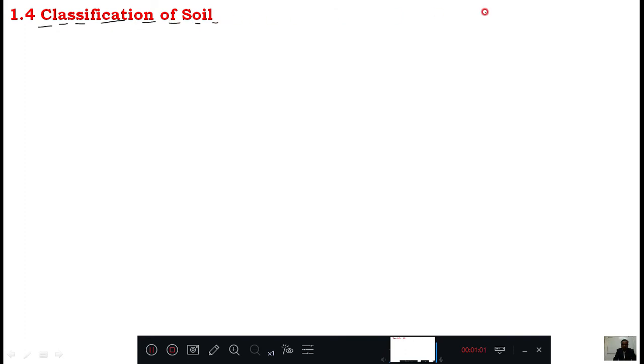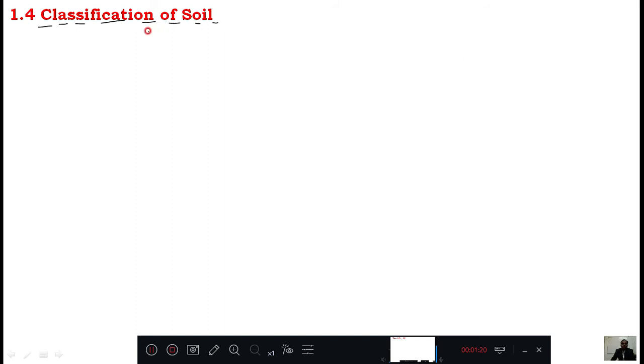Classification of soil means we are going to give a name to the soil by seeing its behavior, not by seeing its color or texture. By seeing its behavior we are going to give one name to the soil, and by seeing that name only we can understand some of the properties.